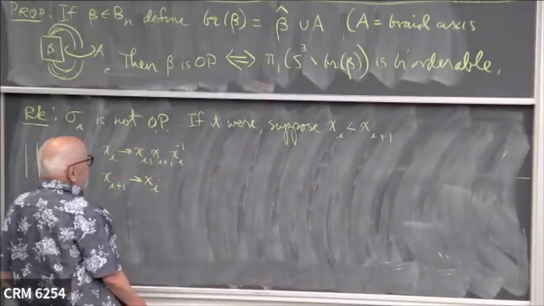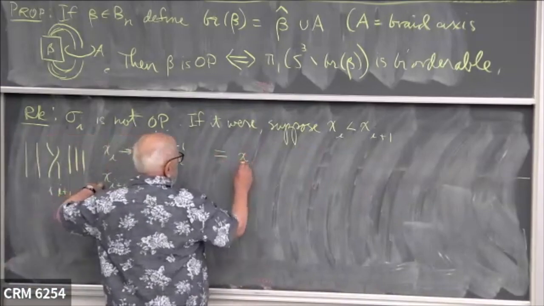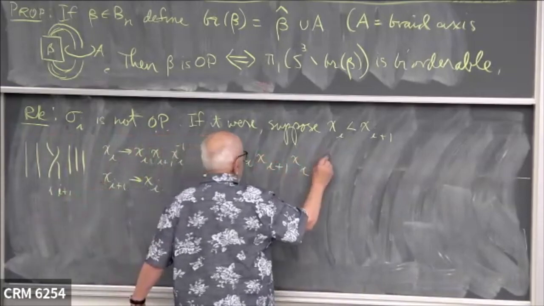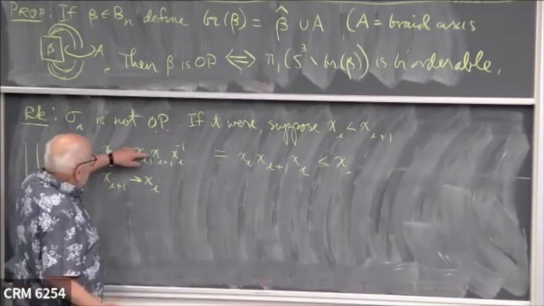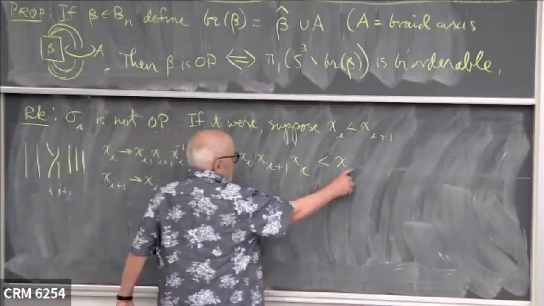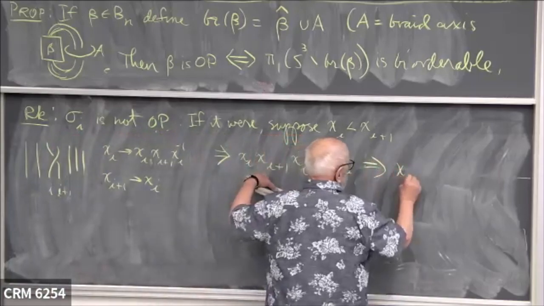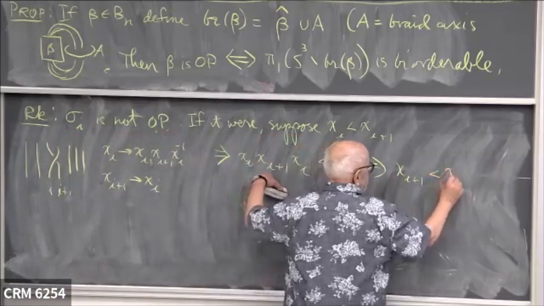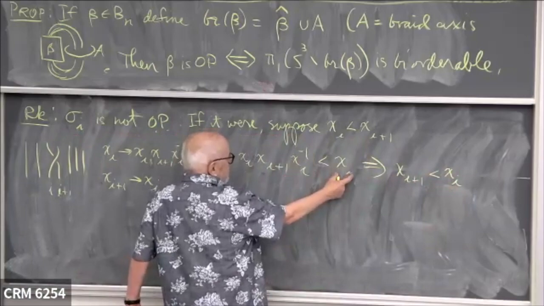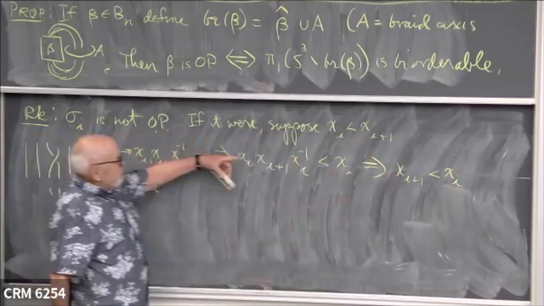If this is less than this, that would imply that this is less than that. But now, a bi-ordering is conjugation invariant. That would imply that xi plus 1 is less than xi, conjugated by xi. And then that contradicts our original assumption.